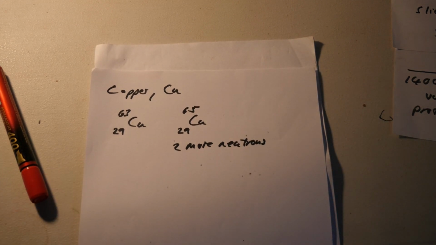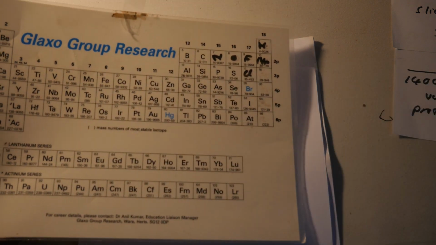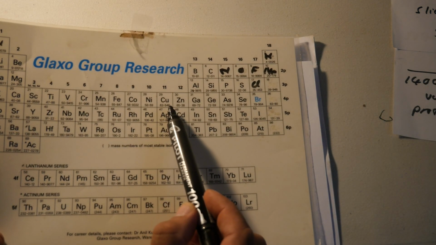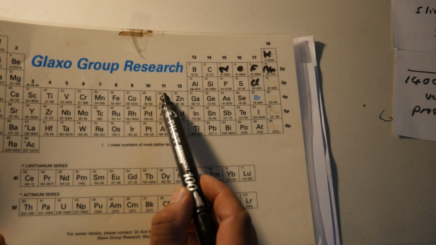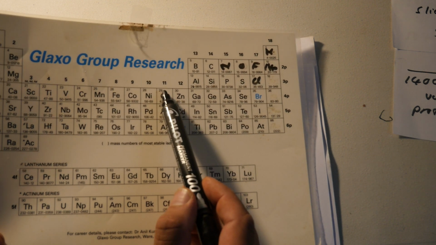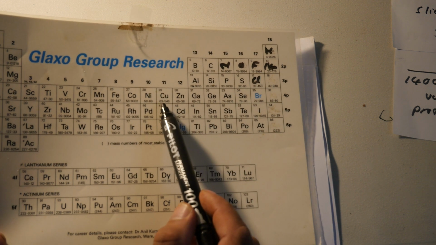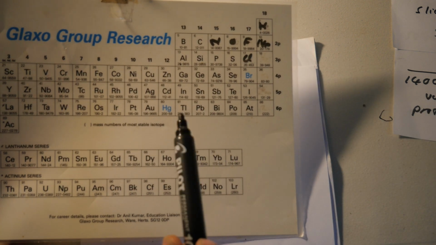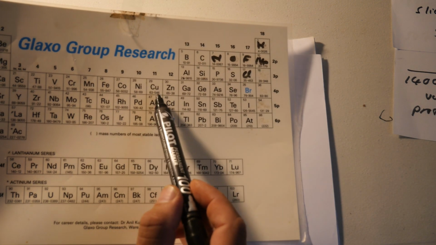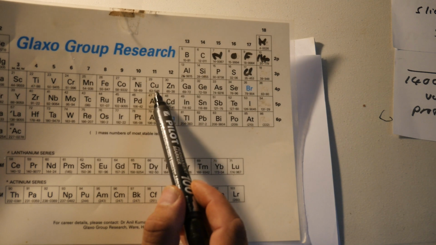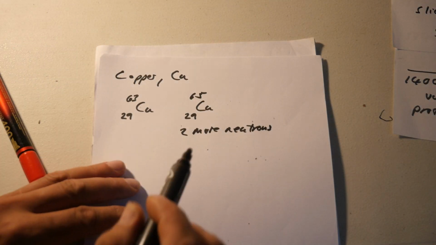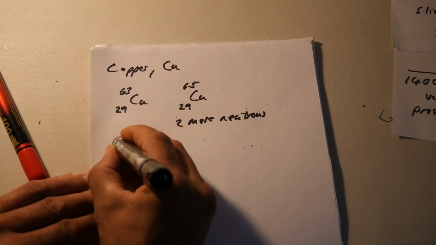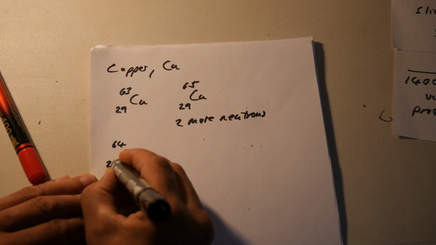Okay, so on the periodic table, copper has mass 63.5, number of protons is only 29, atomic number 29. We normally actually write 64 because you round up. Should really have written that as 64.29.